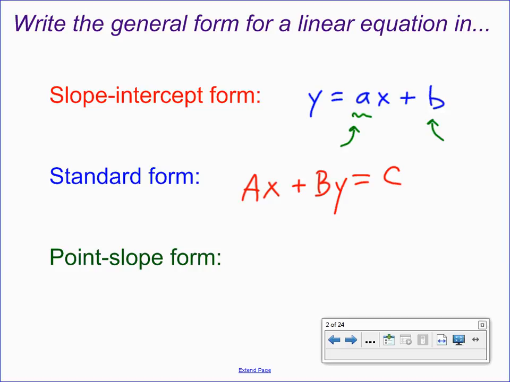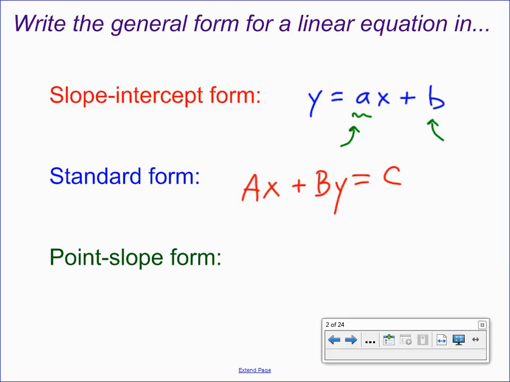Point slope form, that's the one we use to generate a linear equation that satisfied given constraints. That was the easiest way to write an equation. If you know a point on the line and its slope, you can generate its equation using point slope form. Raise your hand if you remember that one. What did that one look like with x's and y's and subs? Clara?